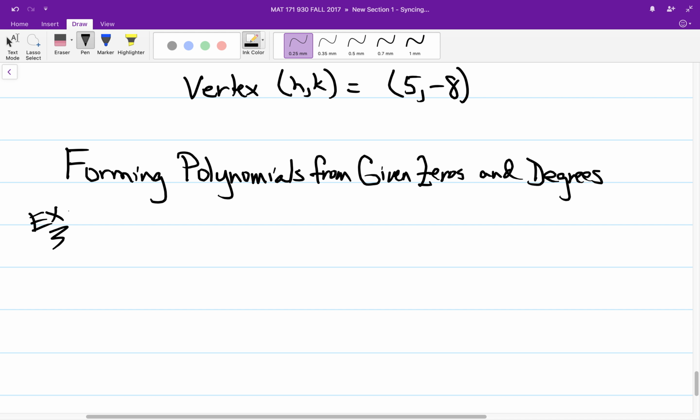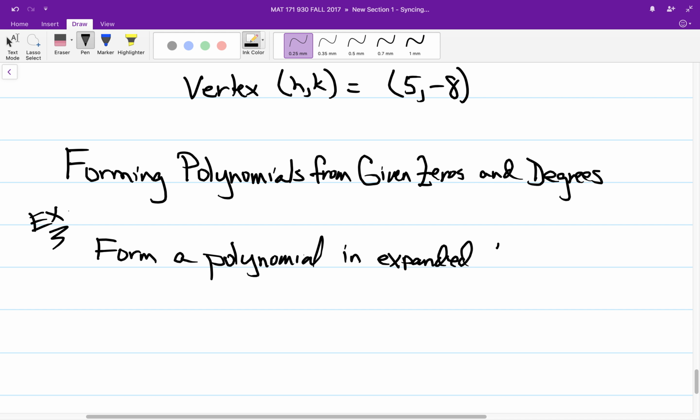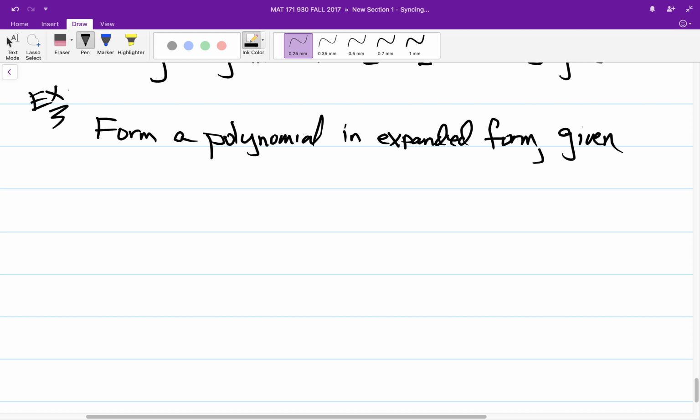As an example, let's say we have to form a polynomial in expanded form, and we are given the following items of information. We'll say that we have zeros at -2, 0, and 3. And we'll say that the degree of the polynomial is 3.